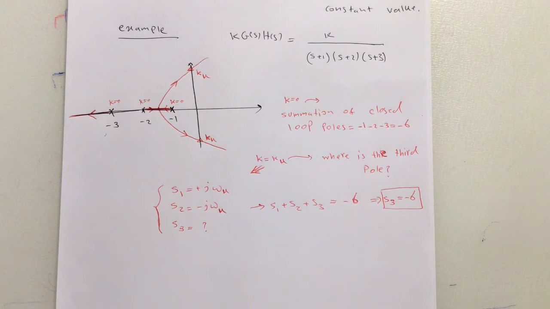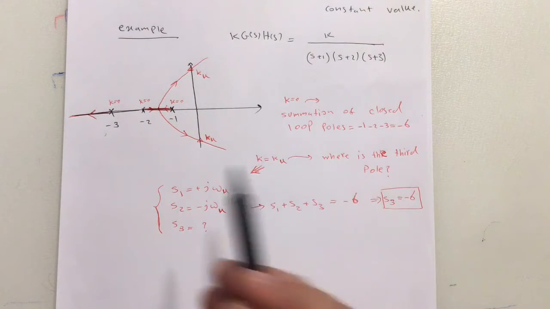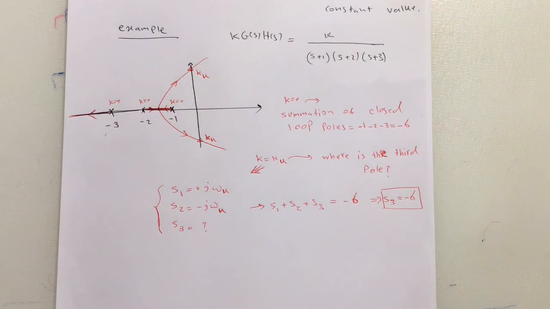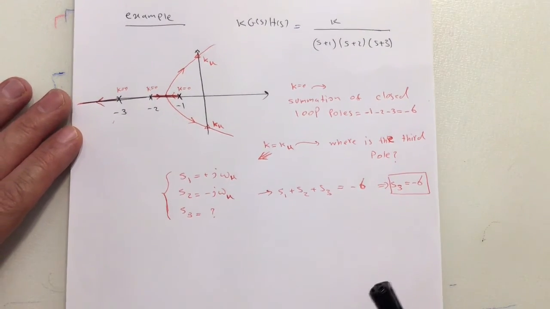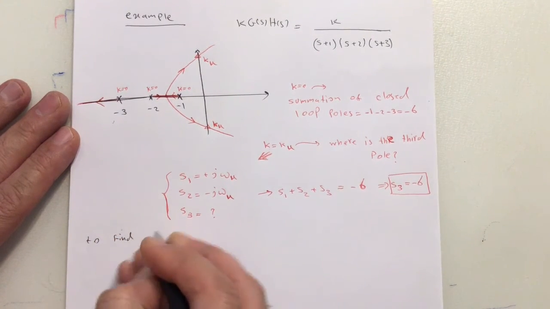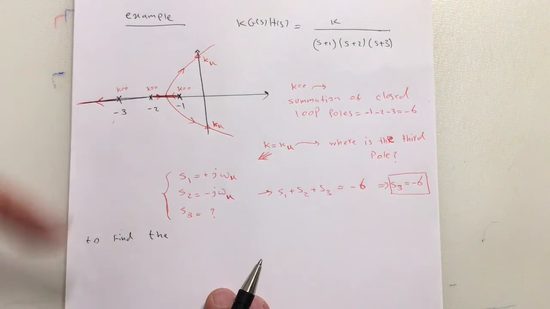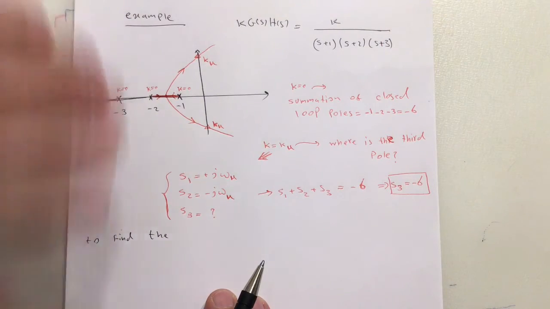So, because we have the third pole position, can we find k now? Or can we find the location of the other two poles? Can we find omega u? The answer is yes. Actually, we can find it, but how? This part of the solution doesn't have anything to do with this extra rule.